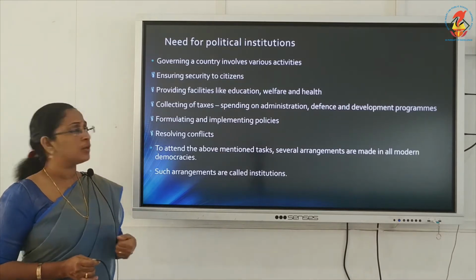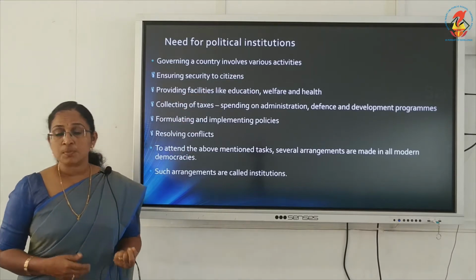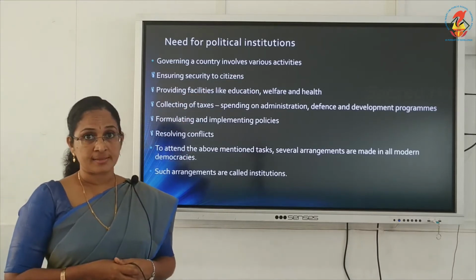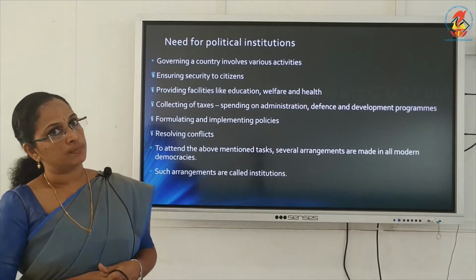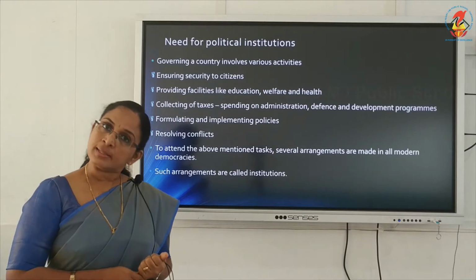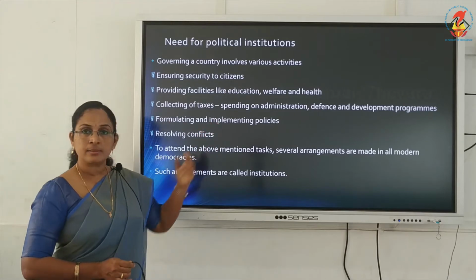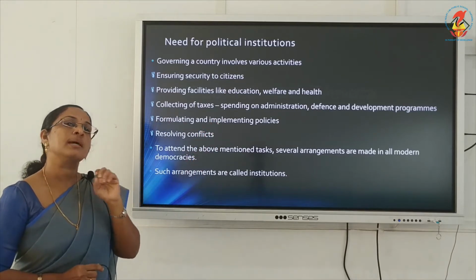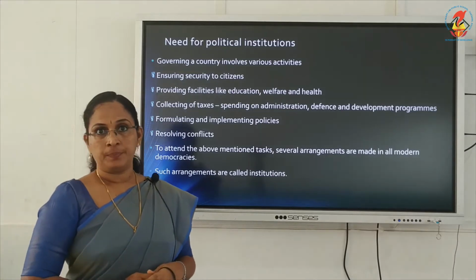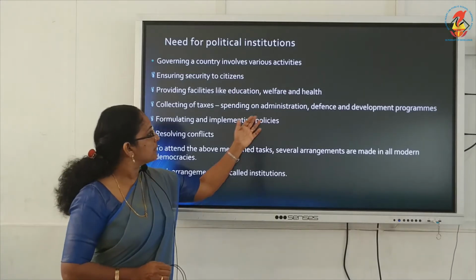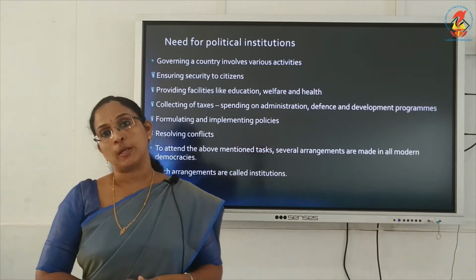It's the duty of the government to look after the security of the citizens and provide basic facilities like education, welfare, health, etc. And we know the government collects taxes and spends the collected tax amount on public expenditure, like administration, defense expenditure and other development programs.